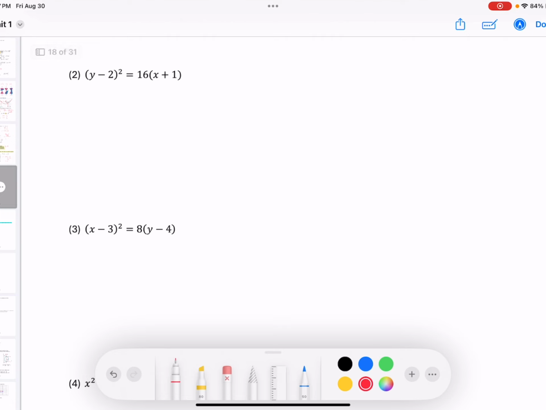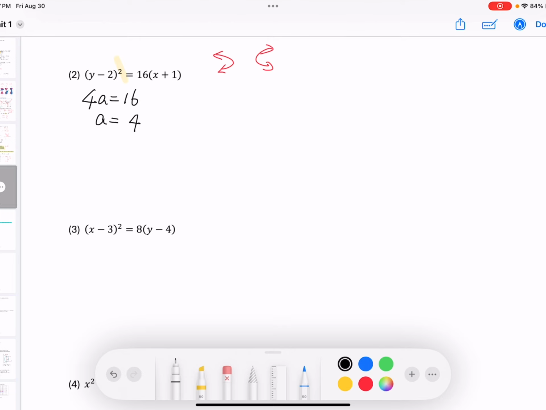Next one, let's see. The y is squared. That means my graph also opens to the left or right. I don't know which side; it all depends on the A. Let's see what A is. So this is 4A, and 4A is equal to 16. A is equal to 4.